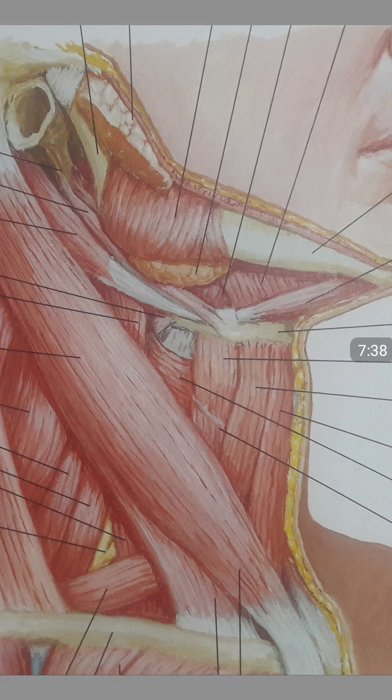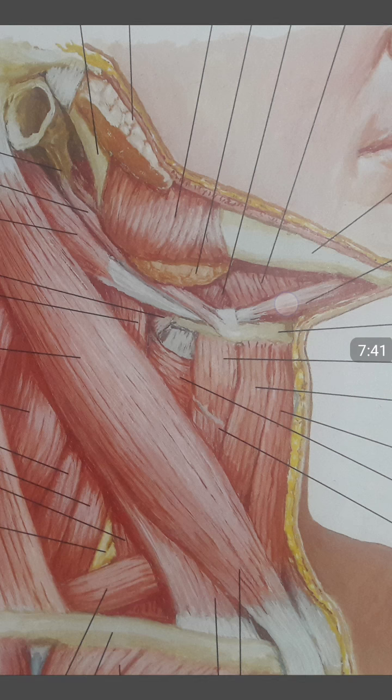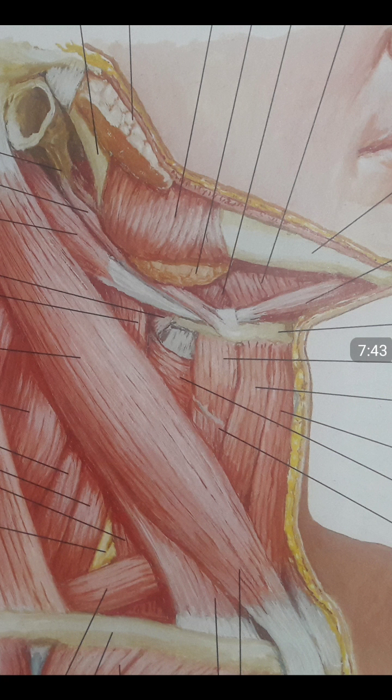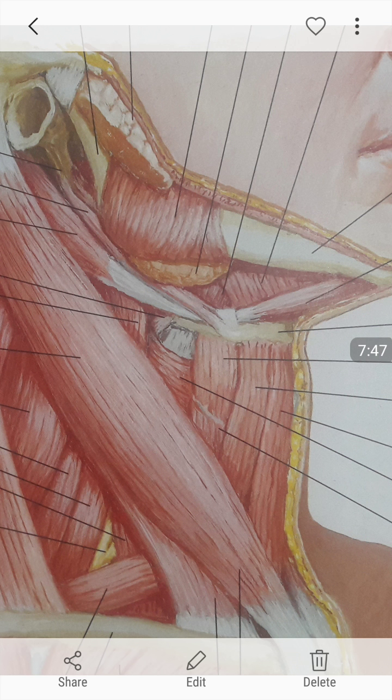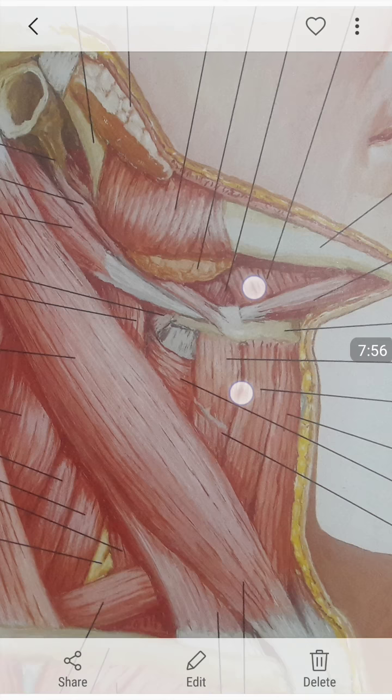And here in the submandibular triangle, this is the anterior belly of digastric, this is the posterior belly of digastric, and this is the intermediate tendon. This intermediate tendon is held in position by means of a sling which is derived from the deep cervical fascia.